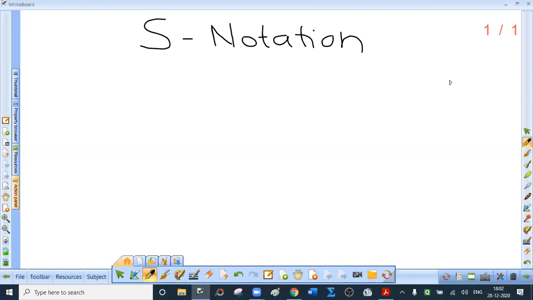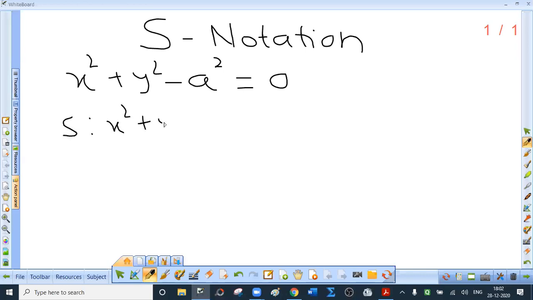What is the equation of the standard circle? x square plus y square equal to a square. We write this as x square plus y square minus a square equal to 0. Is that clear? Yes. Now, what is the expression on the left hand side here? x square plus y square minus a square. We denote it by S.